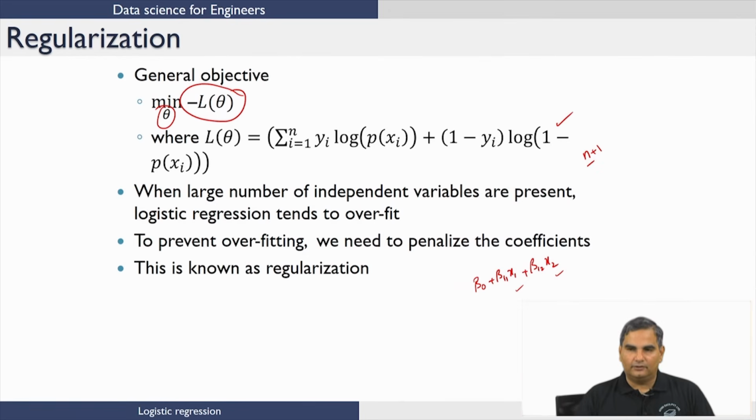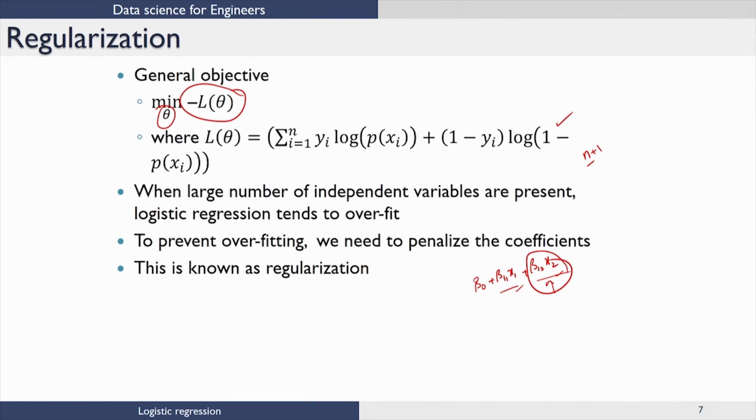What one would like to do is make sure that I use these only if they really contribute to the efficacy of the solution. So, one might say that for every term that you use, you should get something in return, or in other words, if you use a term and get nothing in return, I want to penalize this term. So, I want to penalize these coefficients. This is what is typically called regularization.